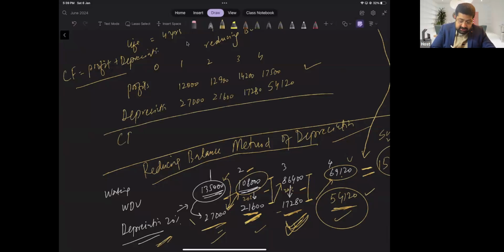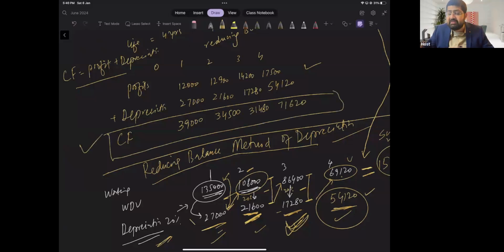I will add, now these are the cash flows. 39,000. 34,500. Profit plus depreciation. Next is, yes, the next. Here it is. These are the cash flows.